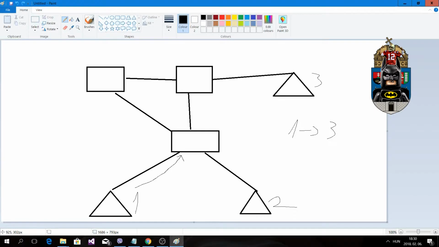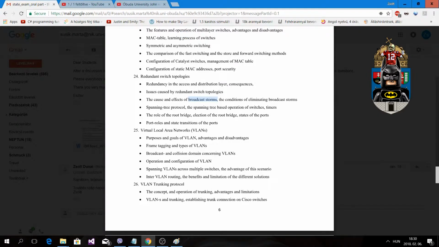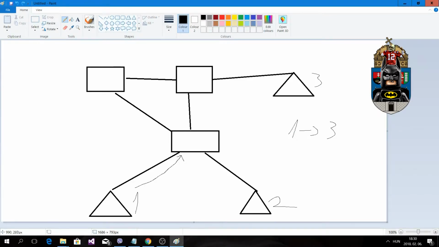The spanning tree protocol is quite easy because it's using a root bridge and an election process to decide which path will be taken from a source to a destination. So how is this election working? If I remember well, these switches are sending BPDU traffic to each other.